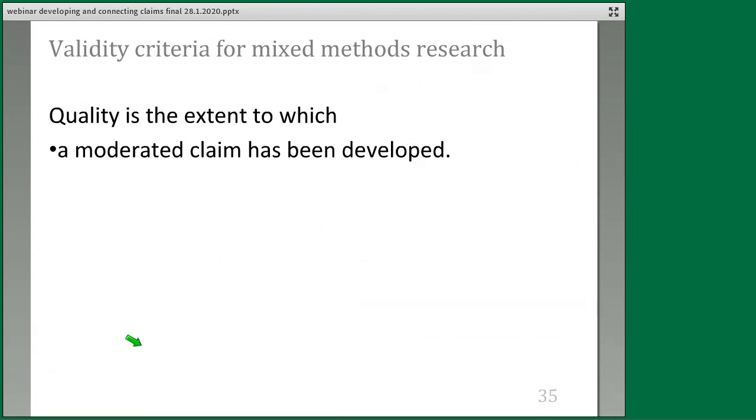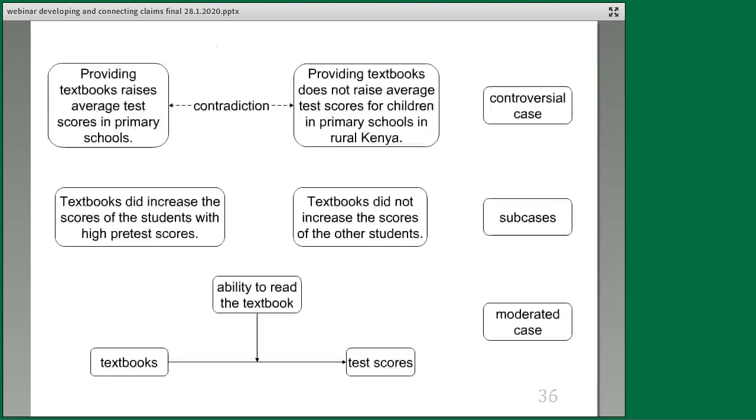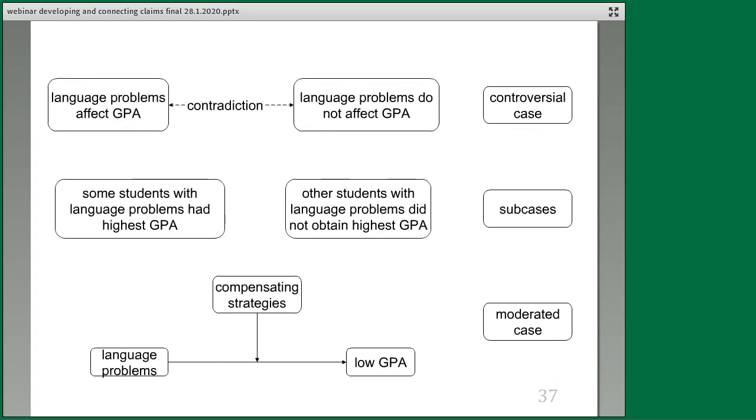Okay, and finally, I think by now this is not really a surprise, that one quality criterion is the extent to which a moderated claim has been developed, which we saw in both cases. For me, the moderated claim plays a very important role, because it not only indicates a further development of the meta-inference, but it is also a focus.